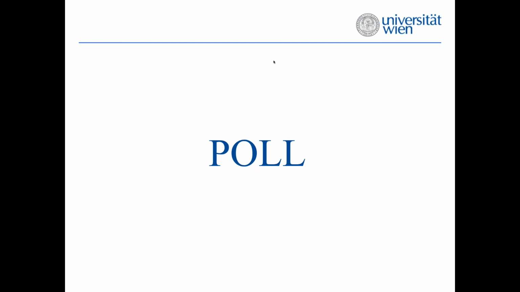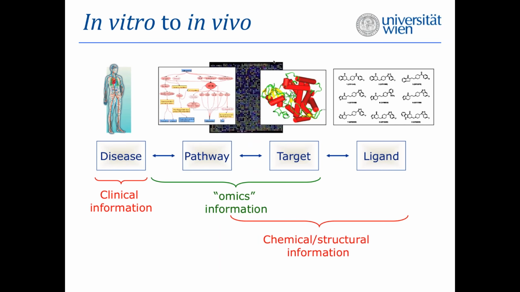Okay, so in the remaining minutes, I would like to add another layer of complexity and talk a bit about our approaches, how we exploit, for example, data from Open PHACTS for doing in vitro to in vivo translation. When we would like to predict toxicity, basically we have two possibilities, or three.